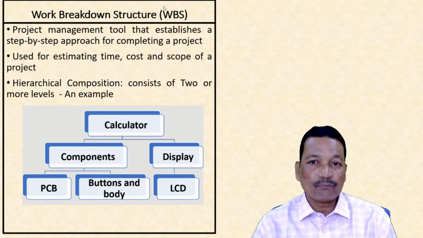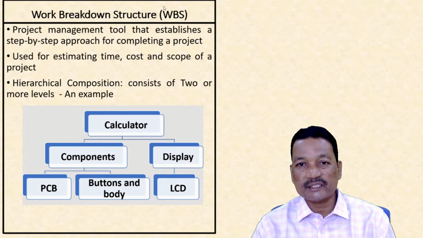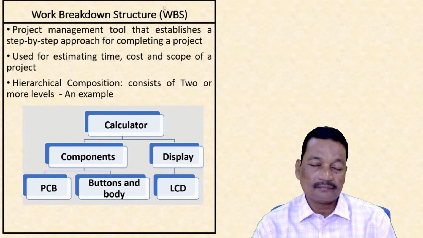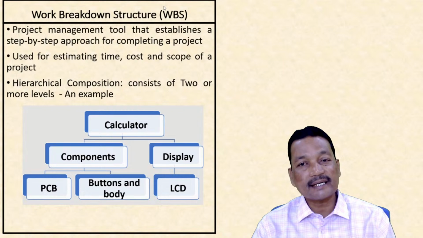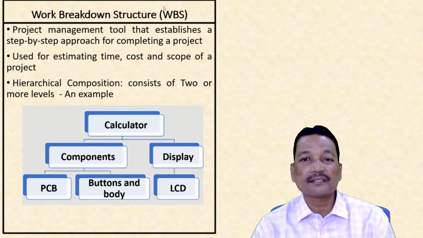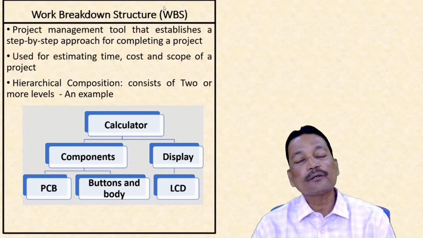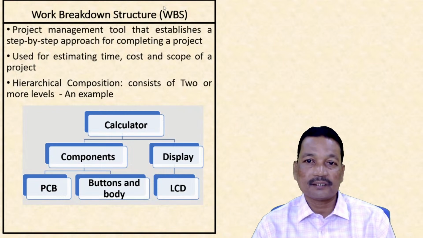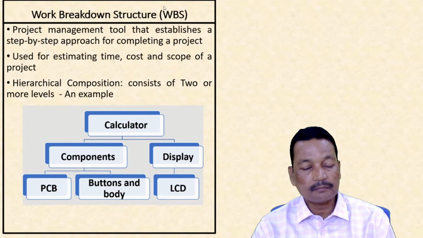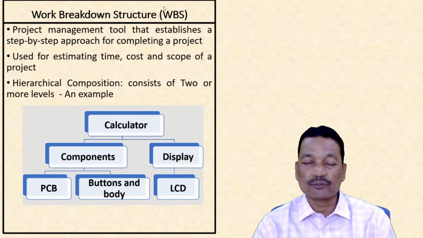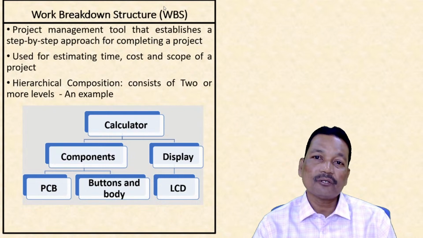Now our first level is the main project, that is the writing table. Now we go to the second level. It gives us the various items or activities that are needed to complete the project. So the iron frame, the wooden writing board and the screws come below the main project.